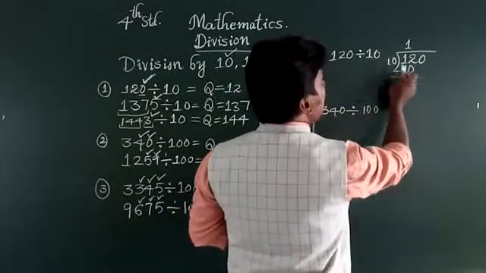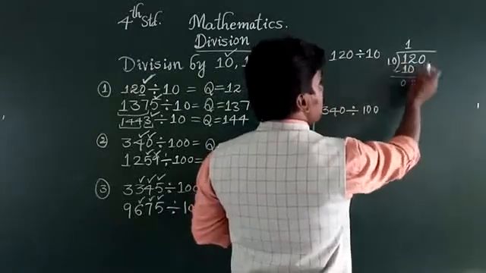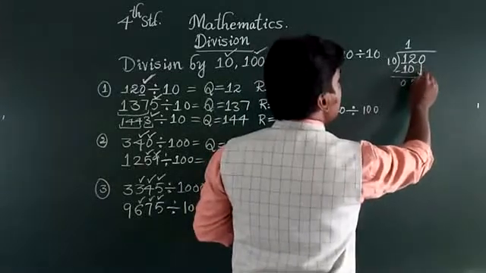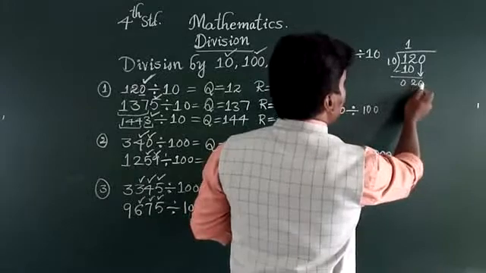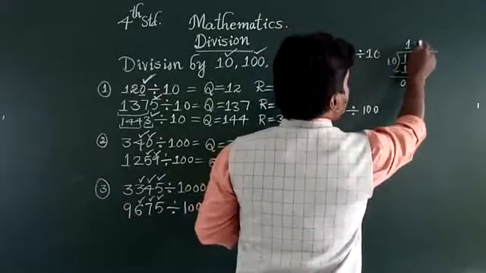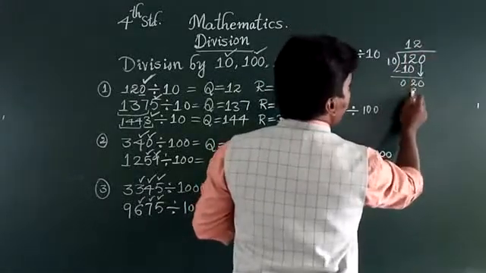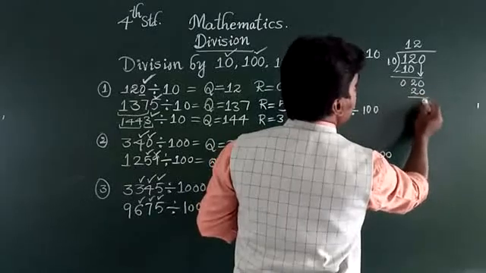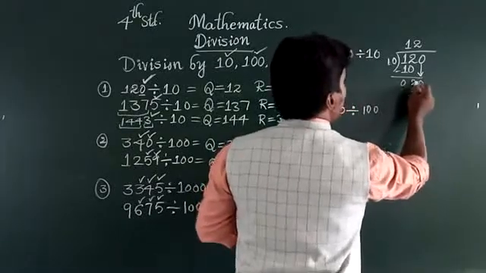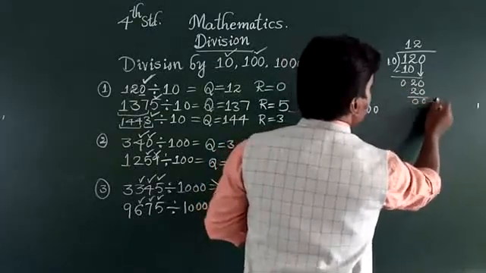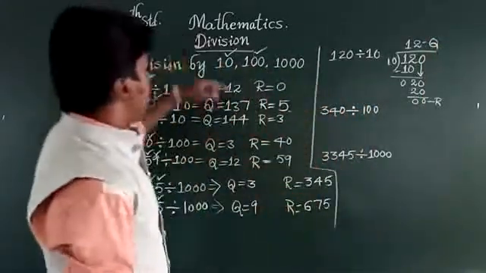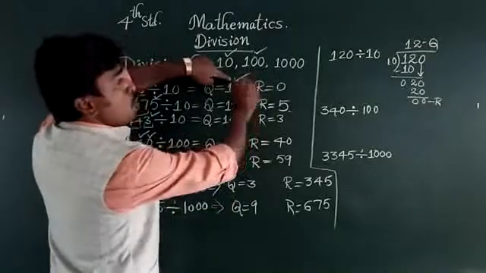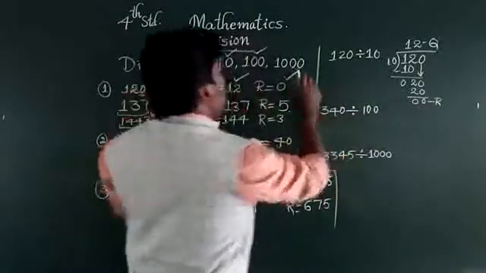Dear children, 2 is smaller than 10, so bring down this 0. So how much are you getting? It is 20. 10 twos are 20. So 0 minus 0 is 0, 2 minus 2 is 0. This is the remainder, this is the quotient. Now what is the quotient here, dear children? 12 is the quotient and 0 is the remainder.